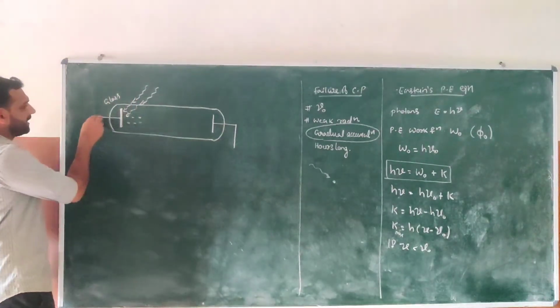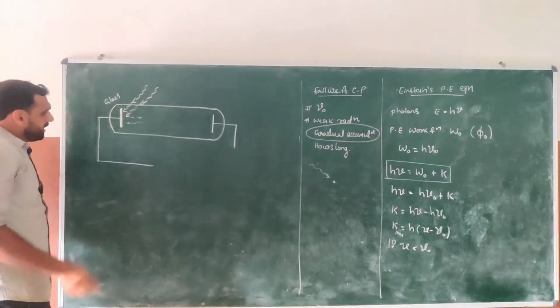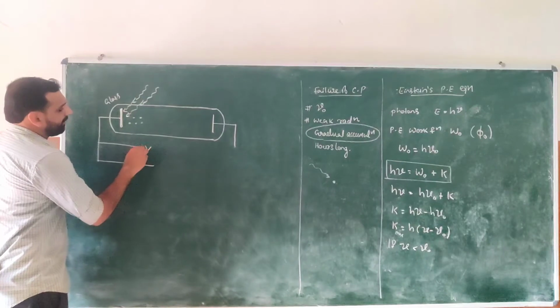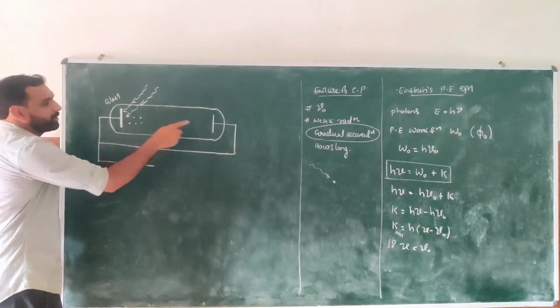We place a metallic plate here, and some voltage V is applied across these plates. These are the two electrodes.